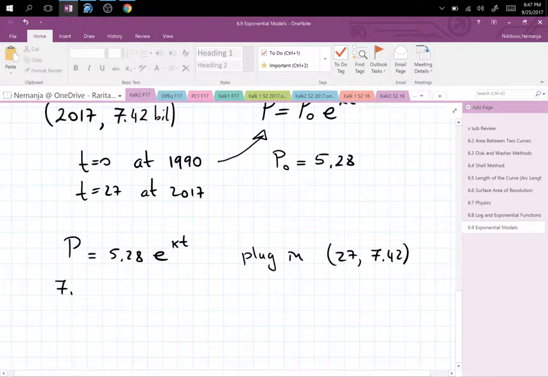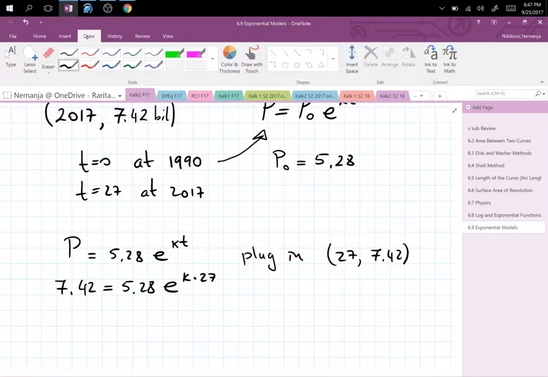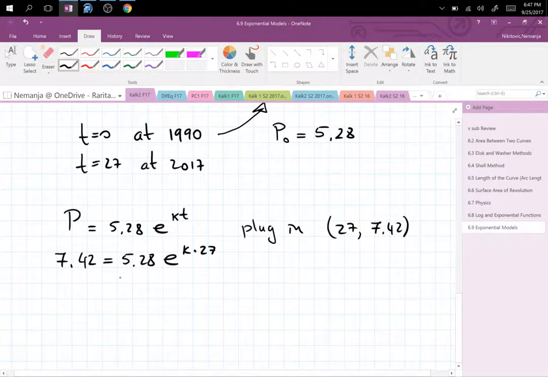So population is 7.42 equals 5.28 e to the k times 27. So now we are going to divide.